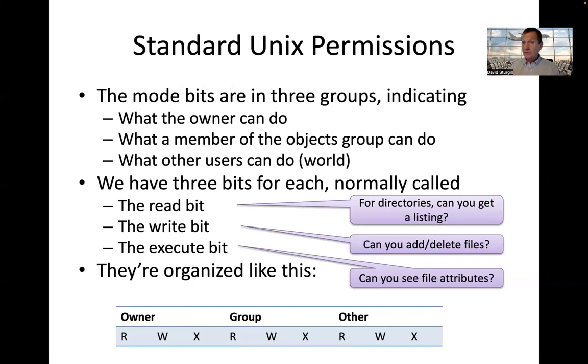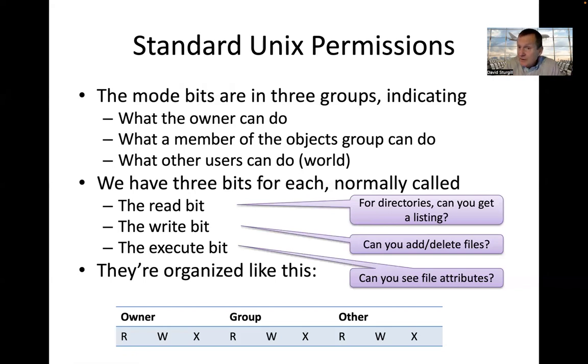So whether it's a file or a directory or a socket, or a semaphore, you've got these permissions that say what you can do with that thing. But for different types of objects, these same bits are used to mean slightly different things. Like for a directory, you've still got these same 9 bits, but the read bit says whether or not you can get a directory listing.